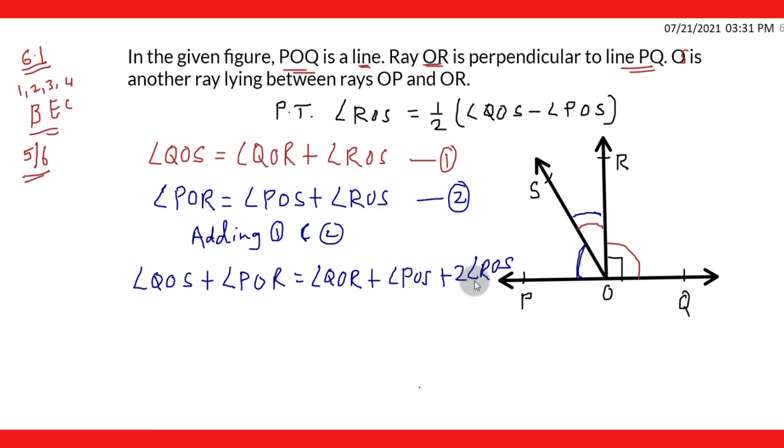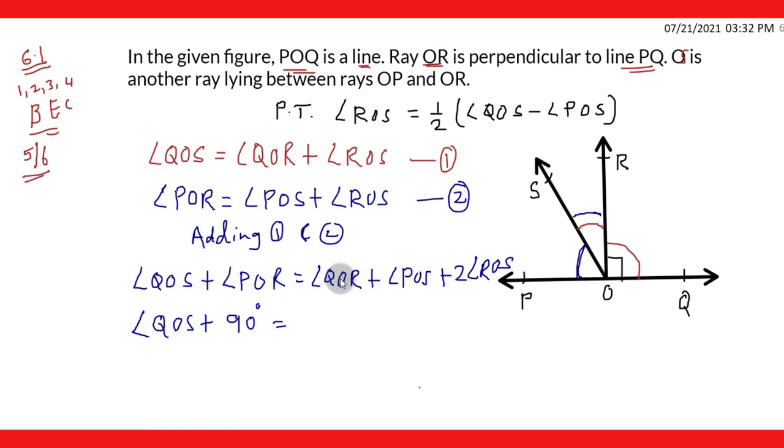So here this will be twice of angle ROS, and the left side we can write as angle QOS plus angle POR. This angle POR is 90 degree, because it is given that OR is perpendicular on PQ, and so in place of angle POR, we can replace it by 90 degree.